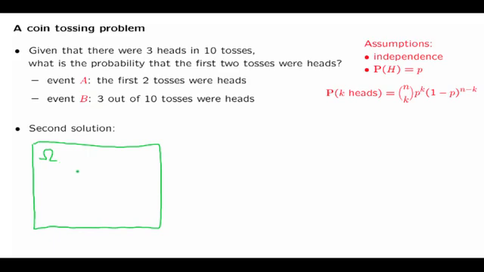As usual, we can denote it by omega, and this sample space contains a bunch of possible outcomes. A typical outcome is going to be a sequence of length 10. It's a sequence of heads or tails, and it's a sequence that has length 10.